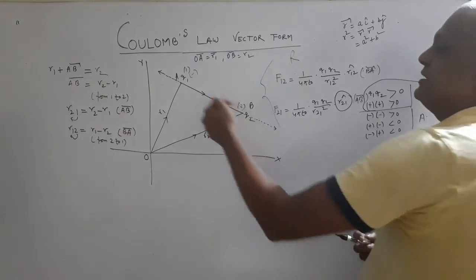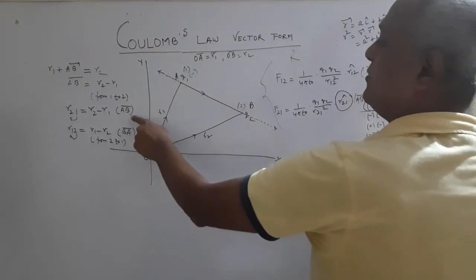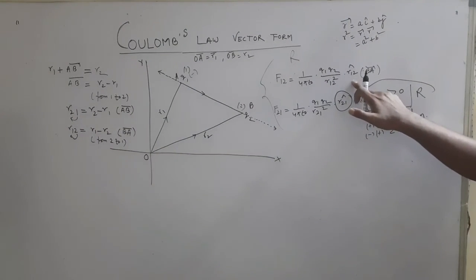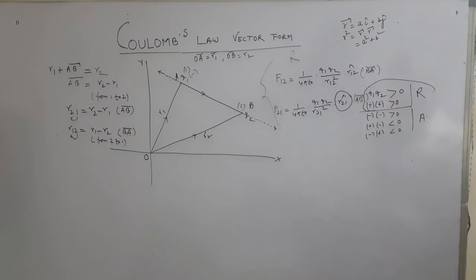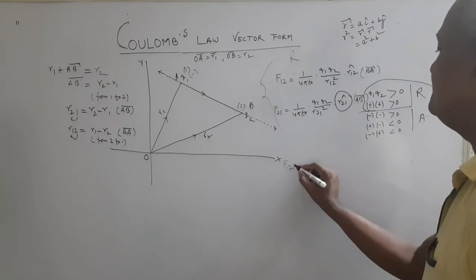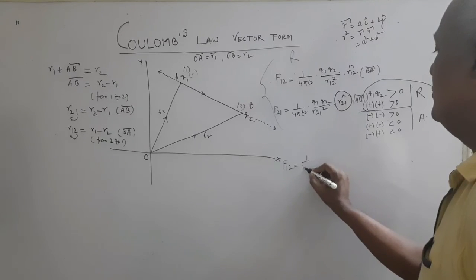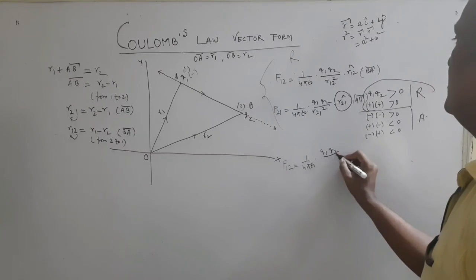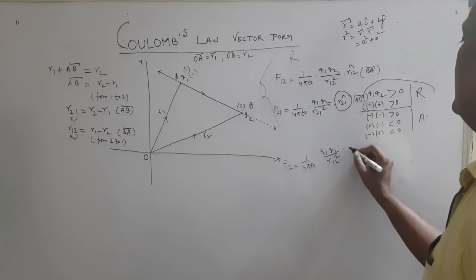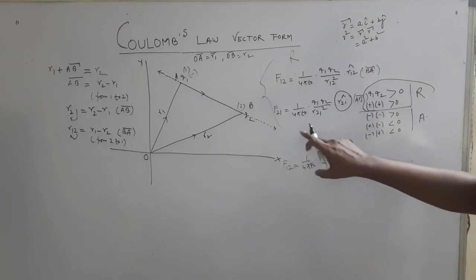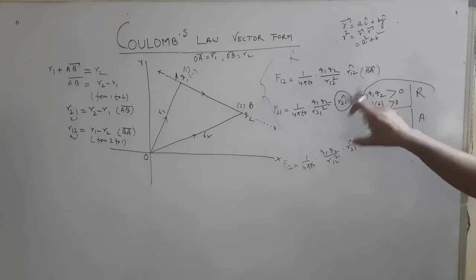So the direction will become from A to B, and from A to B is given as R21. Everything will remain the same, but this 1 2 unit vector will become 2 1. So F12 is 1 over 4 pi epsilon naught Q1 Q2 over R12 square, and this is R21 unit vector. Same thing here, and in place of this 2 1 it will become 1 2.